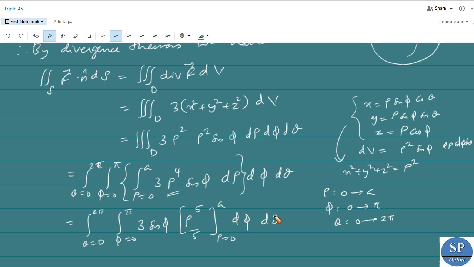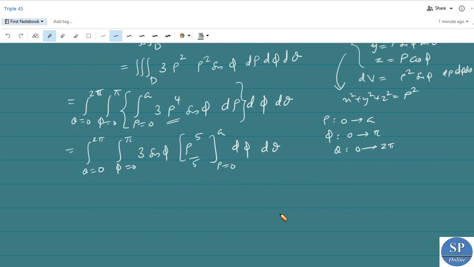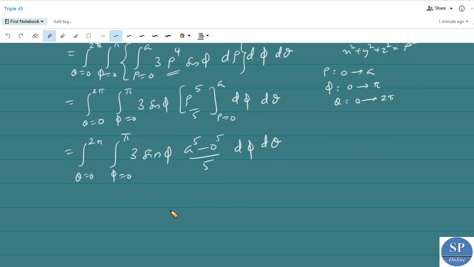So this is equal to the integral over theta from 0 to 2 pi, phi from 0 to pi, 3 sine phi, and applying the limit we get a power 5 minus 0 power 5 divided by 5, d phi d theta.